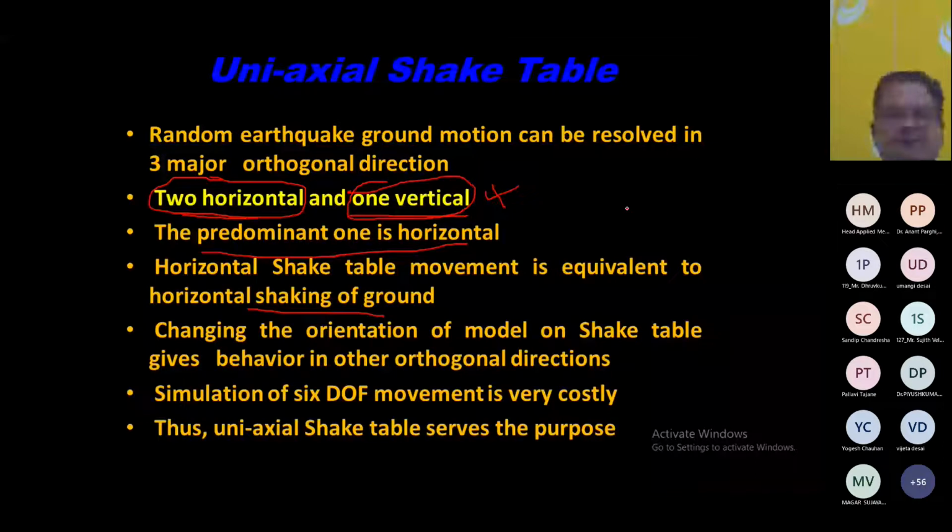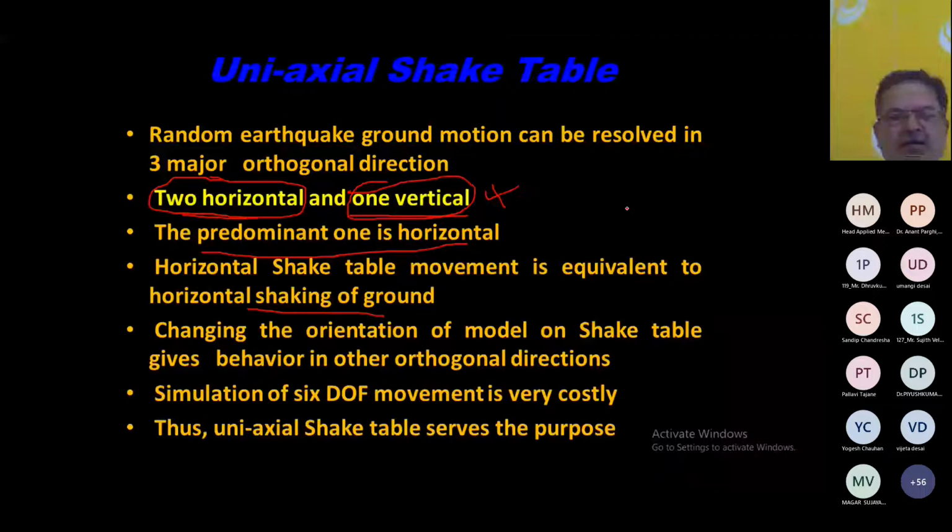I'm not saying that is the ultimate requirement. It's a primary requirement for the earthquake lab, and you can study the behavior of the structures through these models, right? So the uniaxial shake table will work, right?